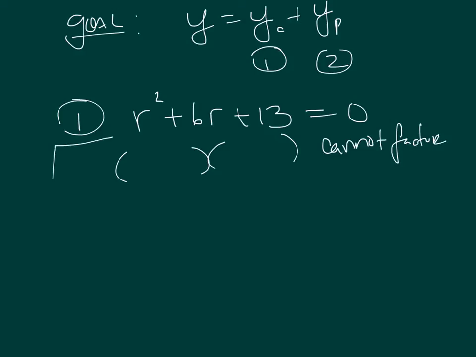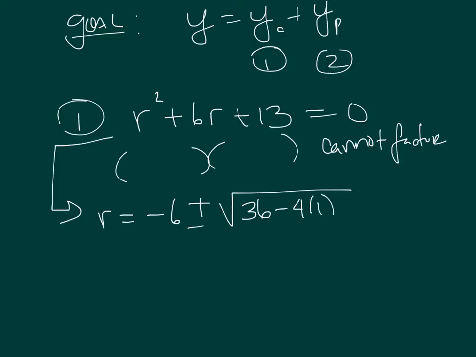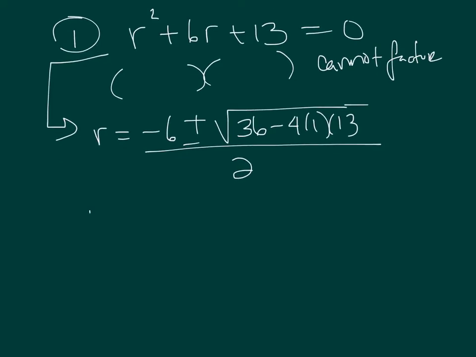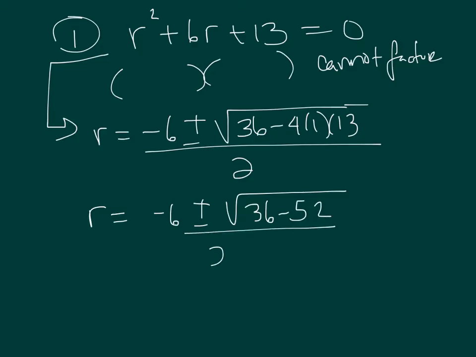Here, if you use the quadratic formula, we get r equals negative 6 plus or minus the square root of b squared, that's 36, minus 4ac, all over 2a. Let's scroll down. So r equals negative 6 plus or minus the square root of 36 minus 52, all over 2.